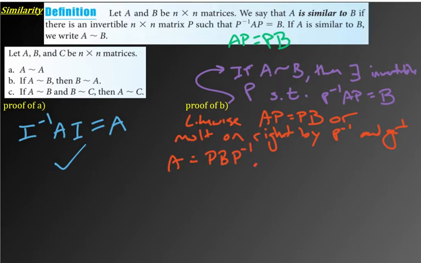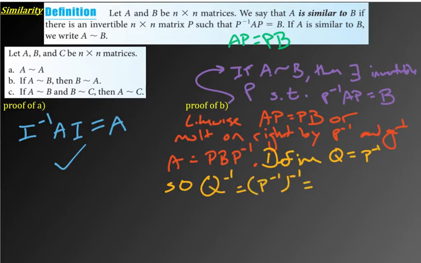And it's really close to being in the right format, but we need the inverse here on the left. It feels a little cheap, but you can do this. We can just define Q as P inverse. So Q inverse would equal P inverse inverse, which is P. And then A would equal Q inverse BQ, right?